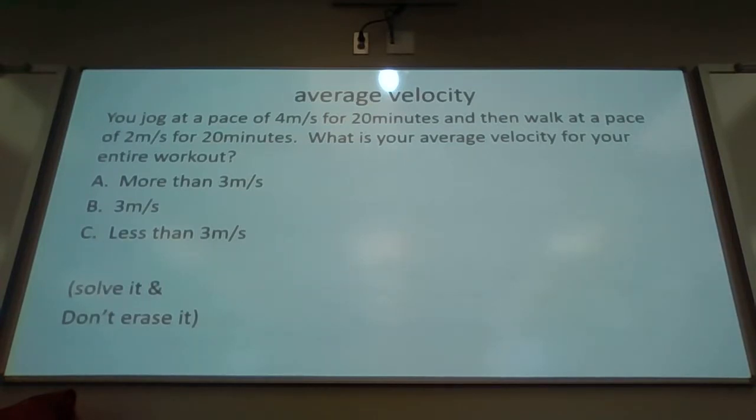Good with that? Okay. So here we have a workout. You have different stages. You got the jogging phase, and then you have the walking phase. And I want to know the average velocity for the entire process.